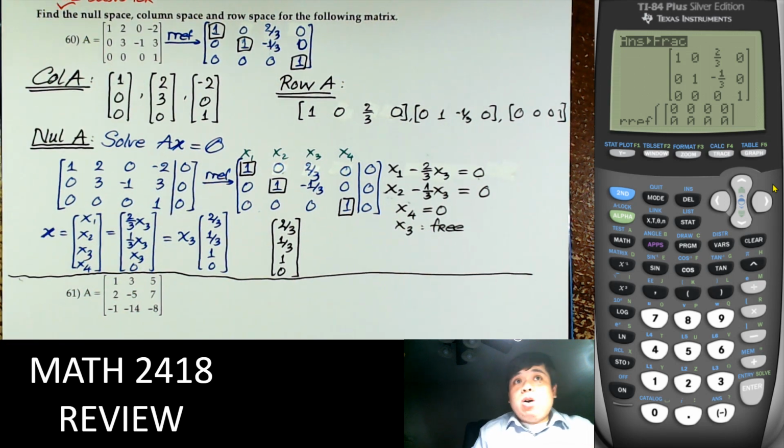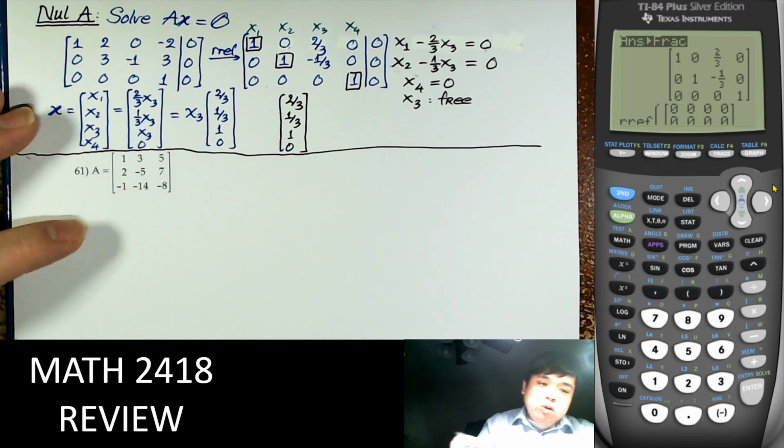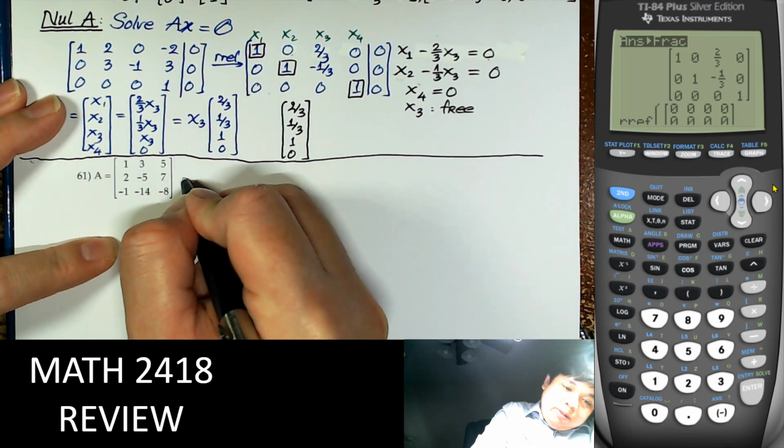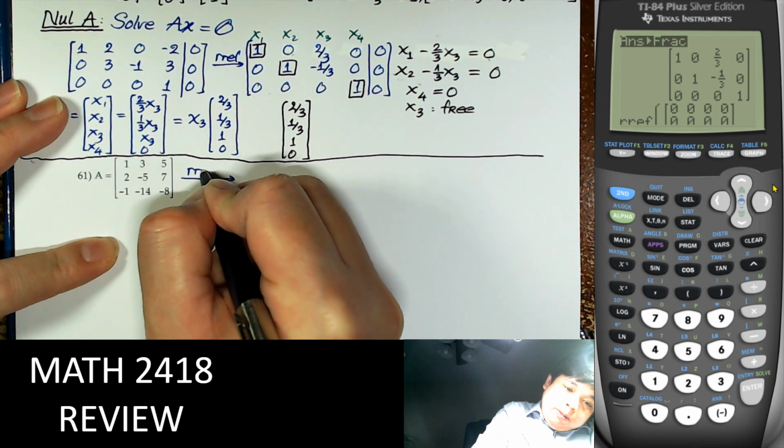Right? We have another one here. So first we find the reduced echelon form of it.